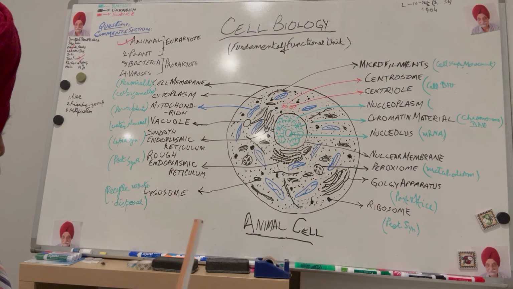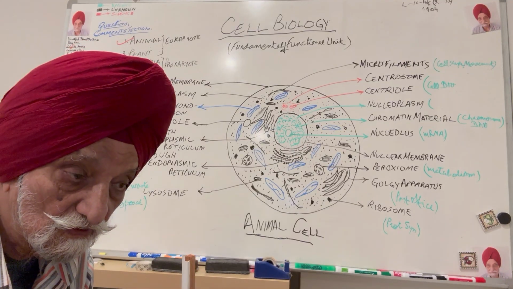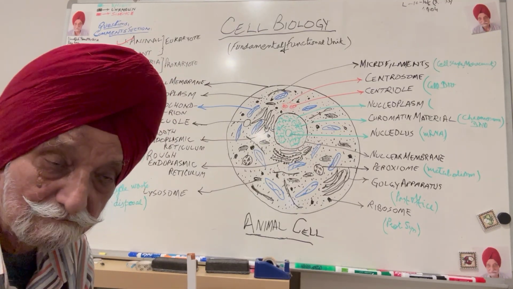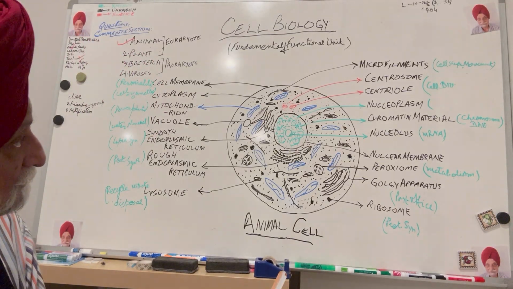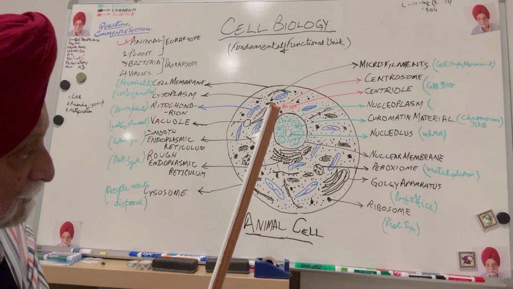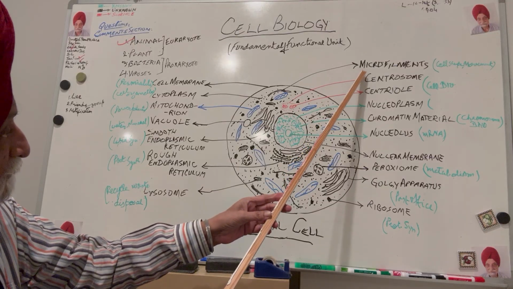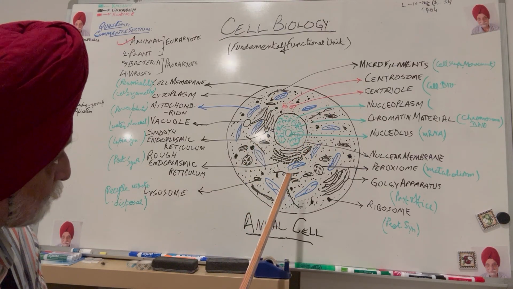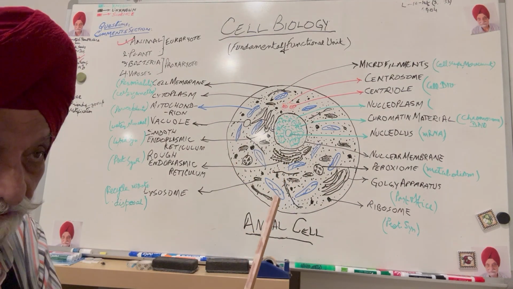Now this is what we have as organelles inside the cytoplasm of a cell. In addition to this, we have some filaments, microfilaments, in the cell, and these filaments are responsible for providing the structure to the cell.